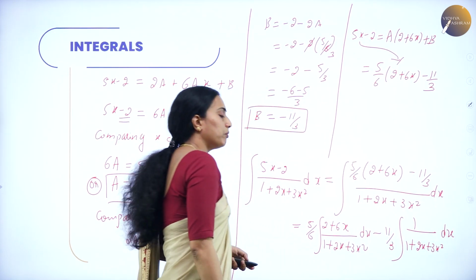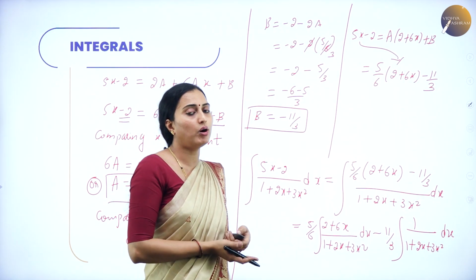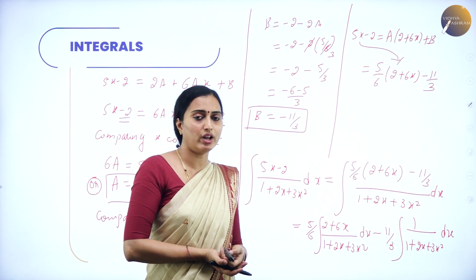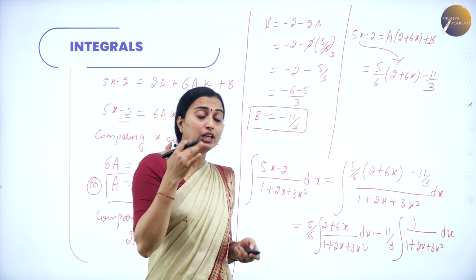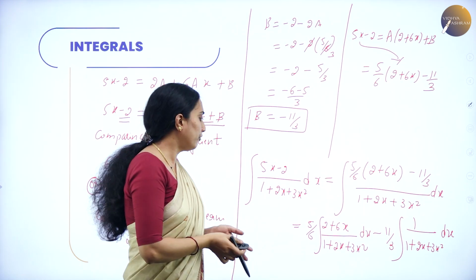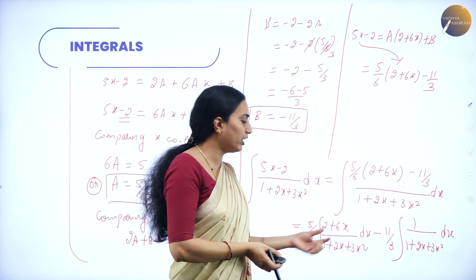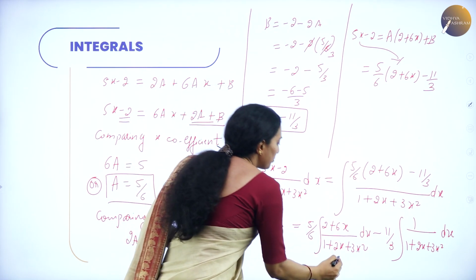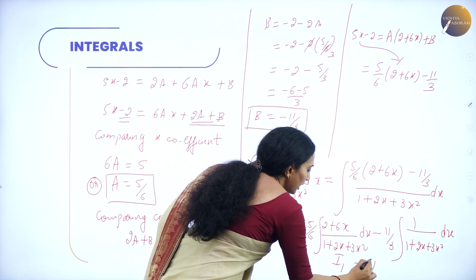Dear students, remember that the denominator is not in the form of either x squared plus a squared or a squared plus x squared, so we reduce it to that form by the completing square method. Now if you differentiate the denominator, you get the numerator. Let me call this I1 minus I2.